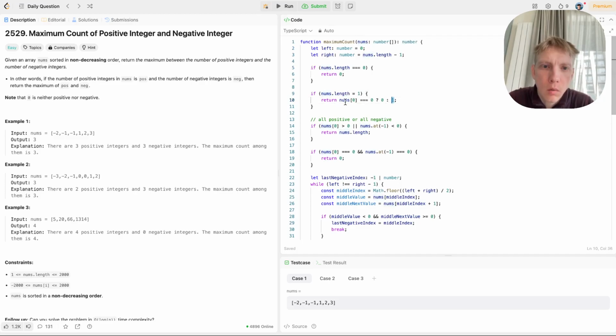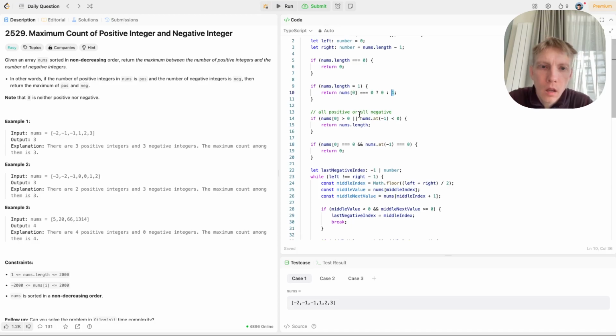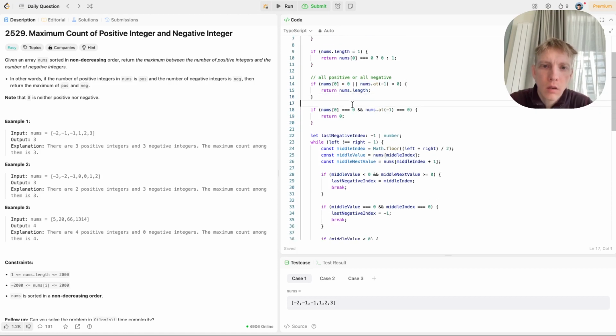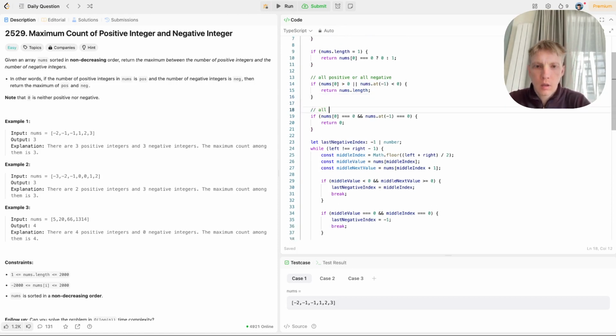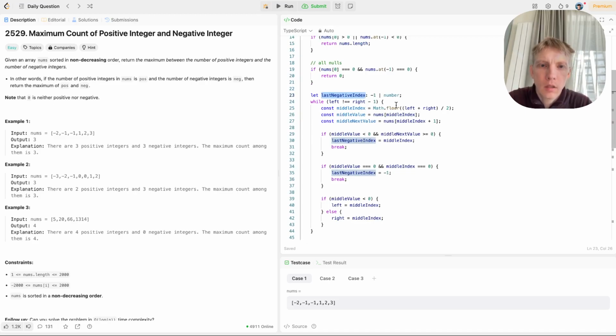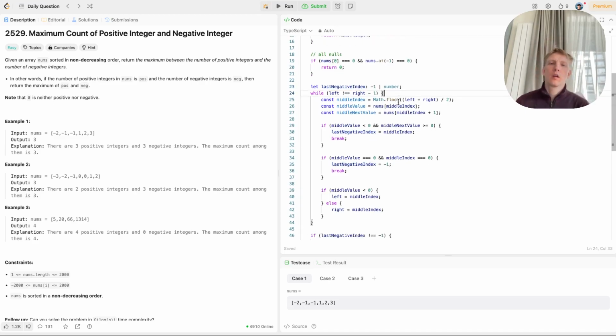If it is not equal to 0, yep. If all positive or all negative, then return length. If all nulls, then return 0. So last negative index would be left.